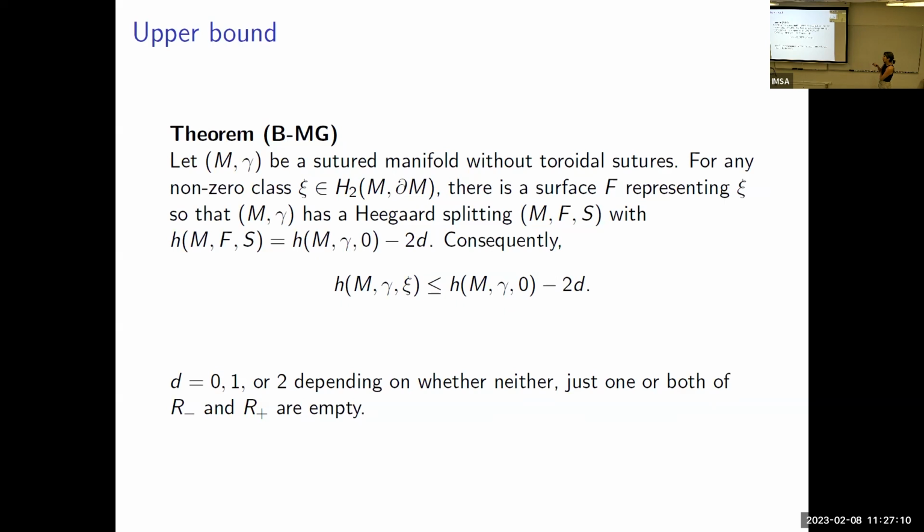And so consequently, we find this upper bound for the handle number of that homology class. Recall that this number D may be 0, 1, or 2, depending on whether plus or minus are empty, either just one or both.